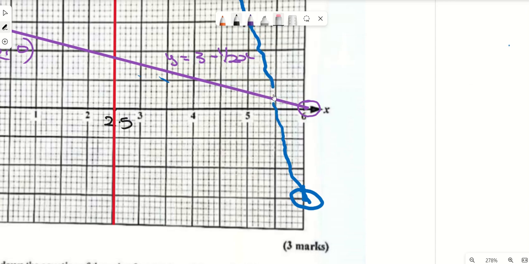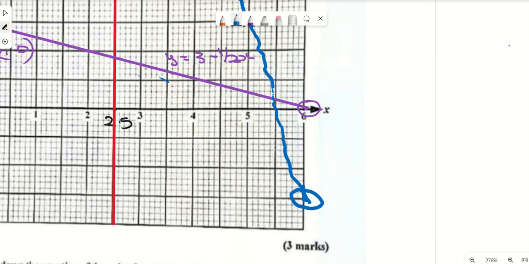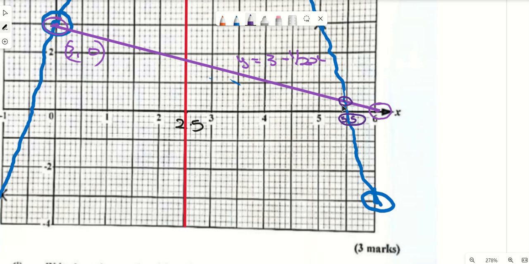Right, so they intersect at this coordinate right here. Right, and if we look at this coordinate right here, it is between 5 and 6, so this is 5.5. So x is 5.5, and then you go straight across on your y-axis, right? And this is supposed to be 0.25.